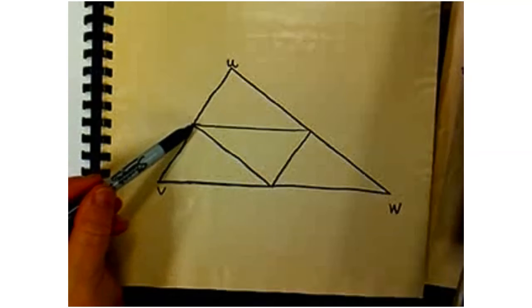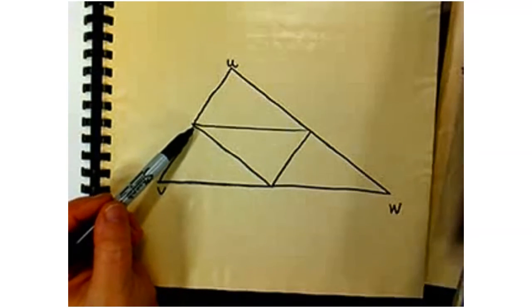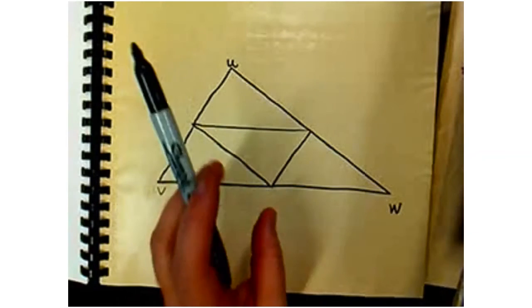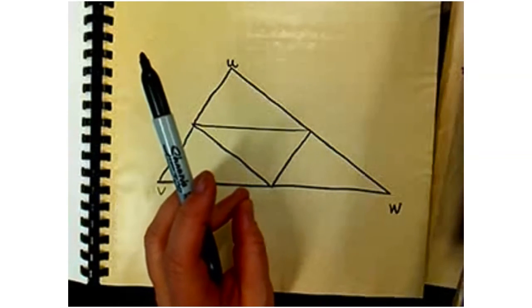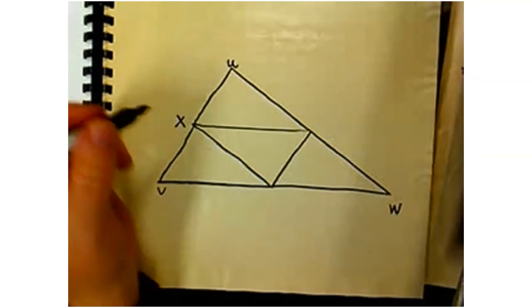And then there's a triangle. There are 3 segments inscribed inside our big triangle that connect to make another triangle. And in fact, it ends up making 4 triangles.